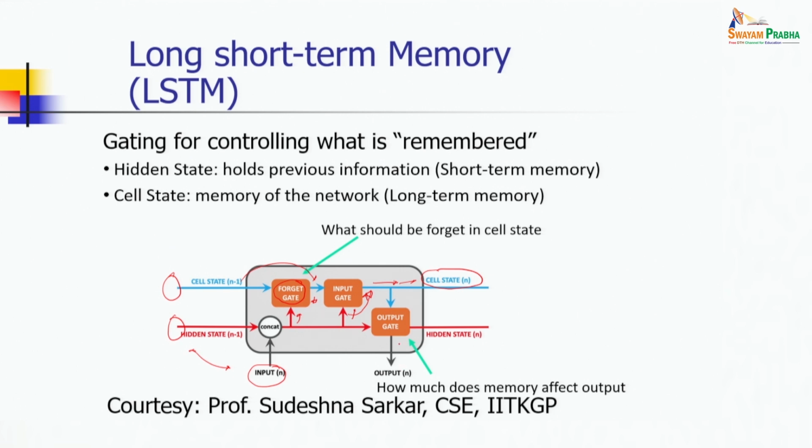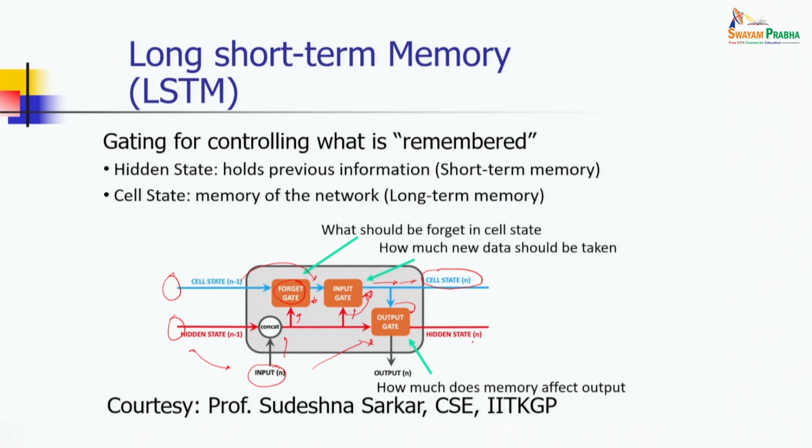And the output is a function of the input, the hidden state, and the cell state also has a certain role there. We will see the functional relationships in this case.